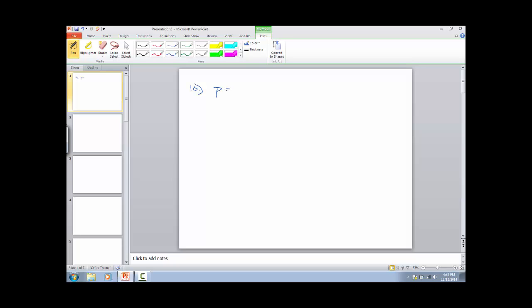P varies inversely, so that means we have k on the top, as the cube of S. Let's put that down, the cube of S. And P equals 8 and S equals 2. Therefore, we can find out what this constant is.